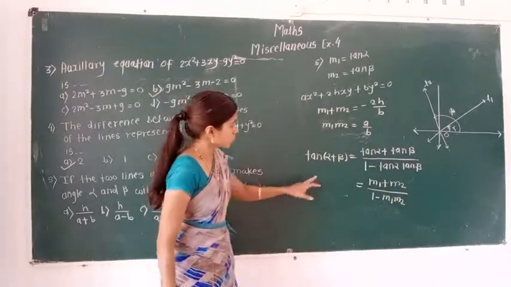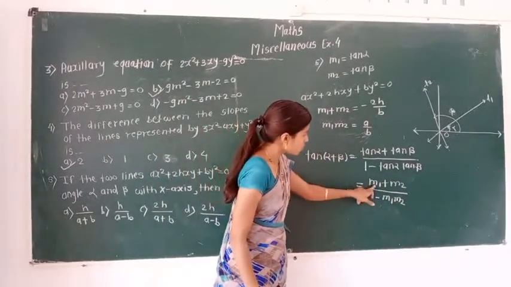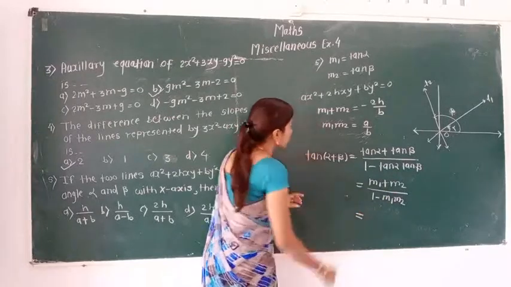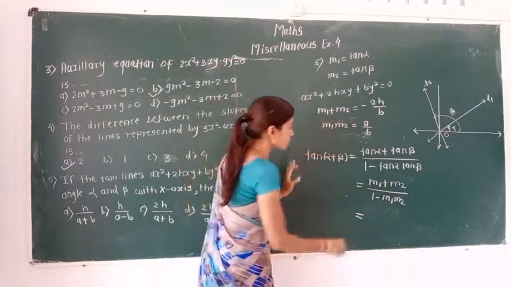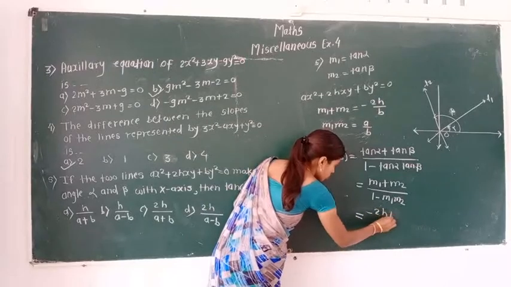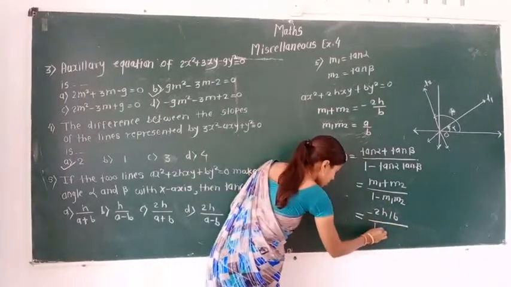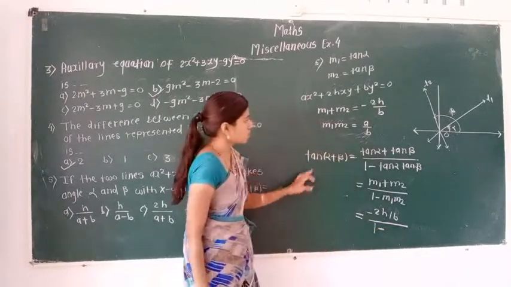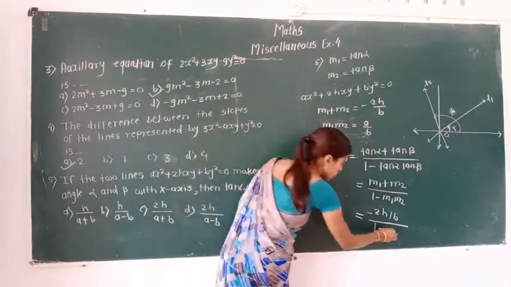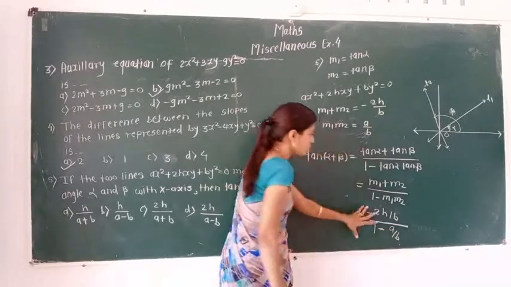So we know that the sum of slopes is minus 2h by b, and the product of slopes is a by b; take 1 as it is, minus sign as it is. Now simplify this.